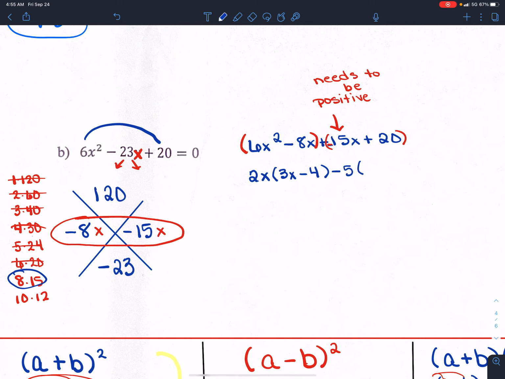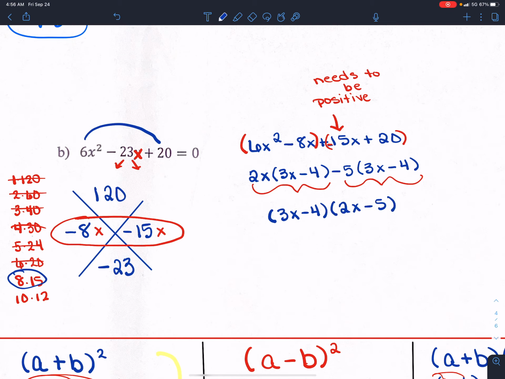So then I'm left with a positive 3x, negative 4. All right, looking at these two, what they have in common out of these two terms, this term and this term, they both have 3x minus 4. And what would be left is 2x minus 5.